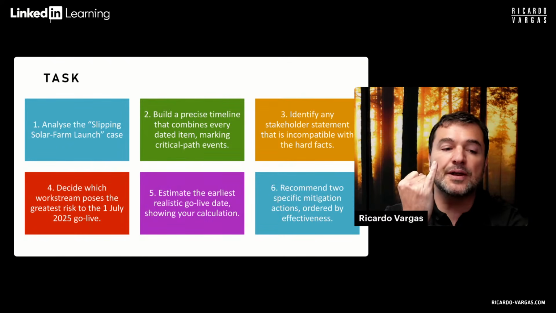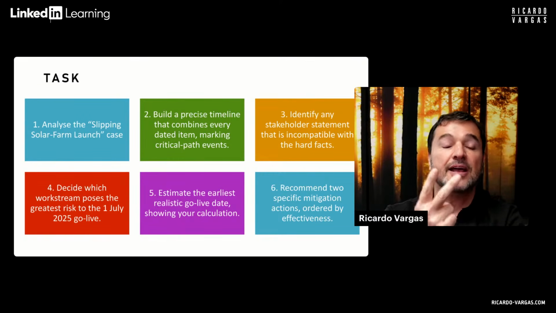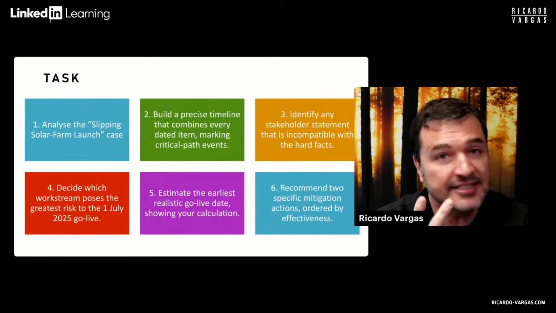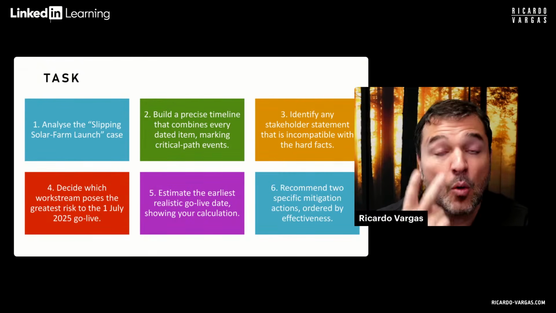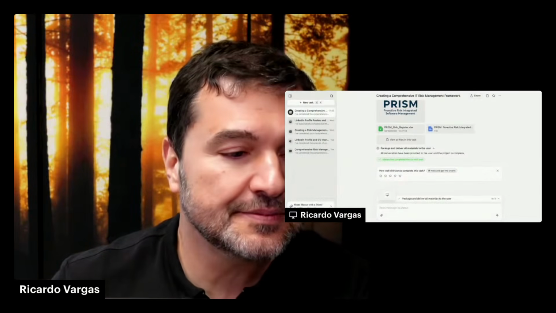Decide which workstream poses the greatest risk for the 1st of July go live. Estimate the earliest realistic go live date and recommend 2 specific mitigation actions. Dear friends, this is not easy. What I will do now, let's go together.